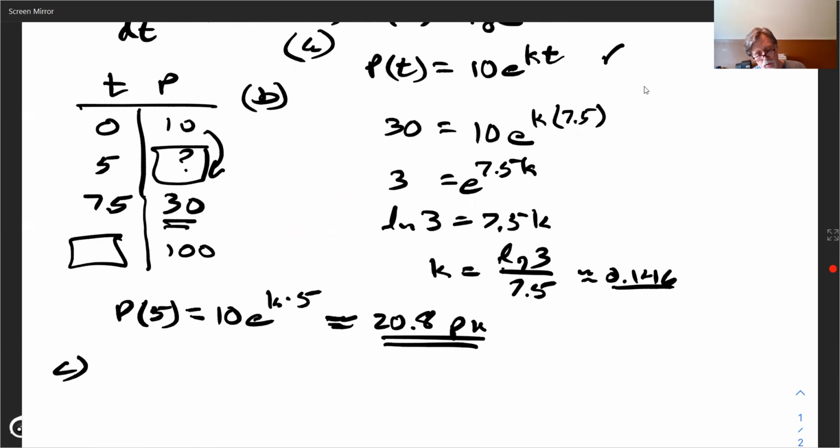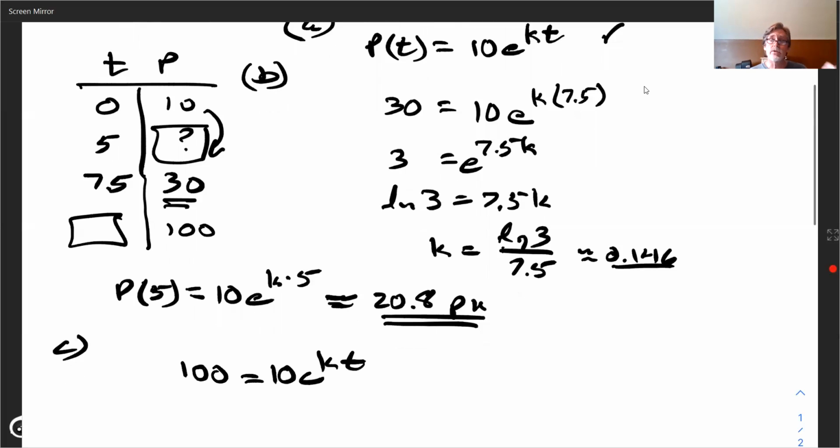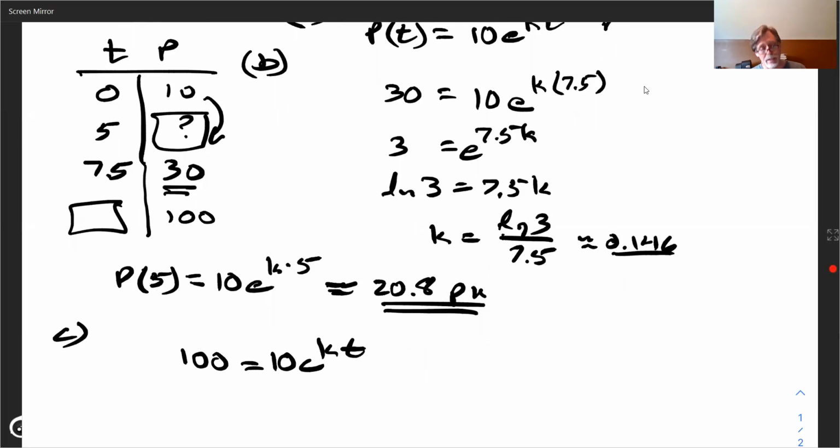Well, take our equation down, and we're going to plug in 100 for P. And over on the other side is 10e to the kt. We know what k is, and all we have to do now is solve for t instead of P. So we divide by 10, and you've got 10 is equal to e to the kt.